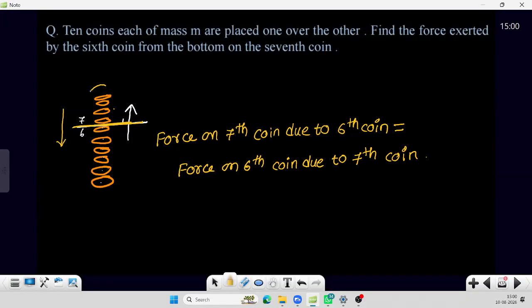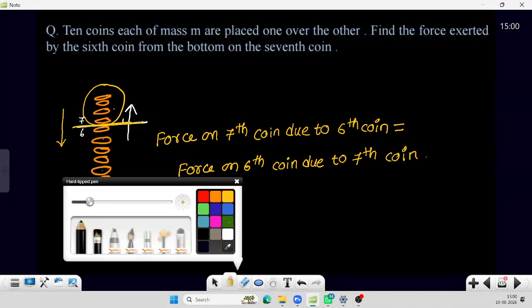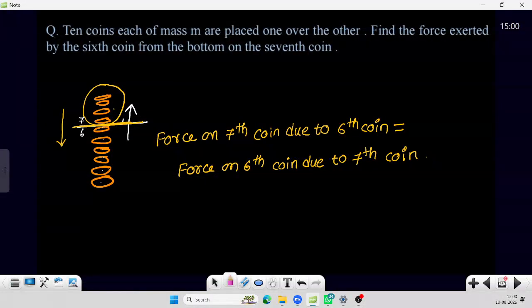That is because all this weight causes the force on the sixth coin. So how much is the weight of each coin? mg. How many coins are there above the sixth? 4 coins. So the force on the sixth coin is 4 mg.